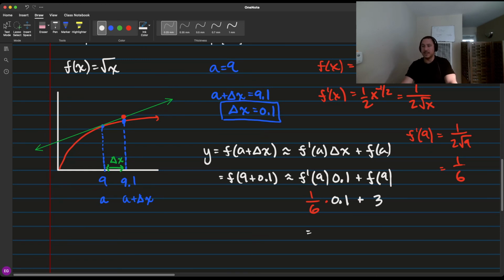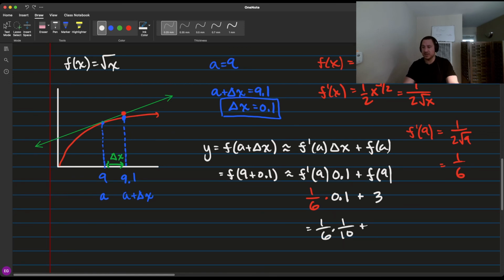So 1/6 times 0.1 is 1/60. We'll just use a calculator to do that.